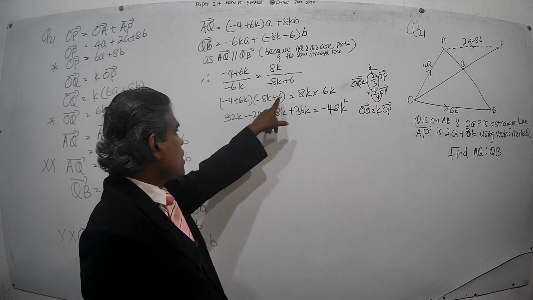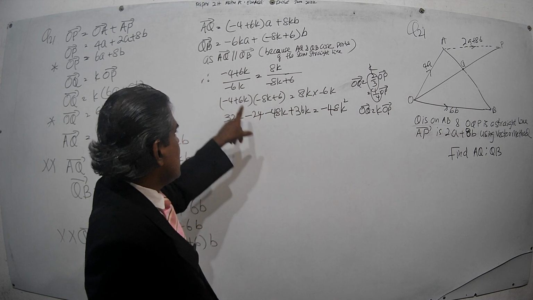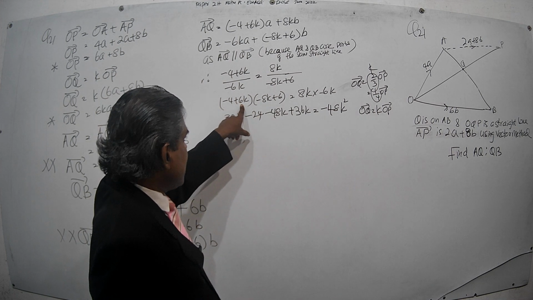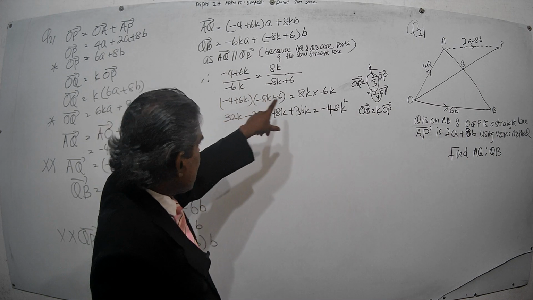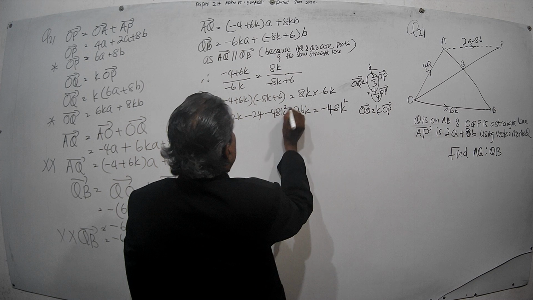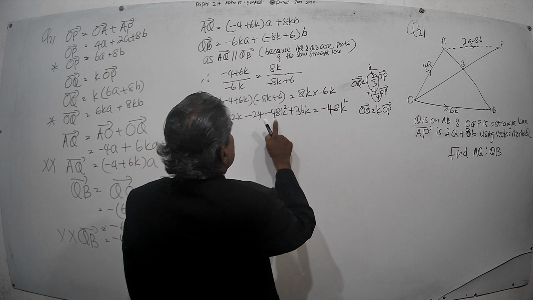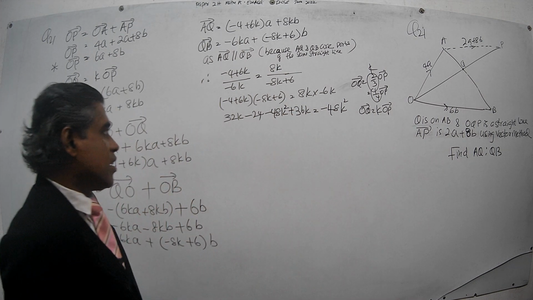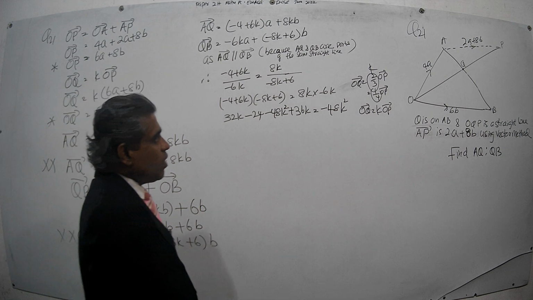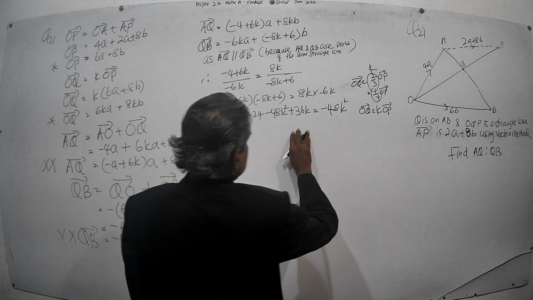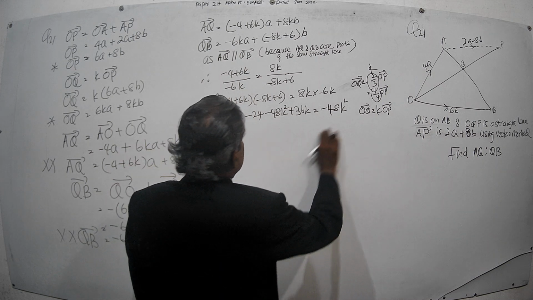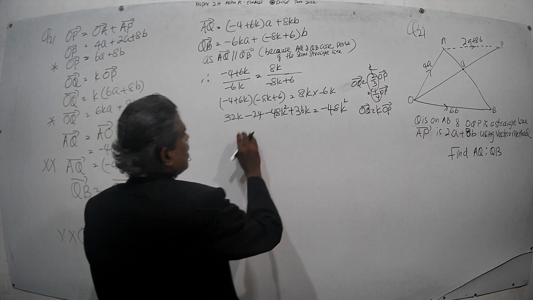Minus 4 times 6 is minus 24. Then 6k times minus 8k is minus 48k squared. Right. Okay.